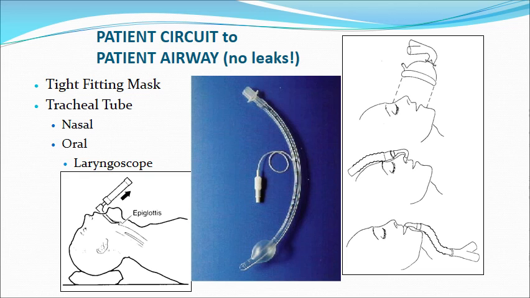One is a tight-fitting mask, the other is a nasal tracheal tube, and then finally the more common oral endotracheal tube, which bypasses the epiglottis and makes sure that the air goes directly into the lungs and not into the esophagus. In order to place that, we use the tool we mentioned before, the laryngoscope.